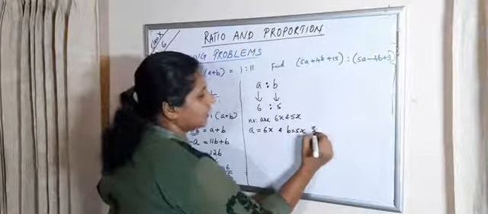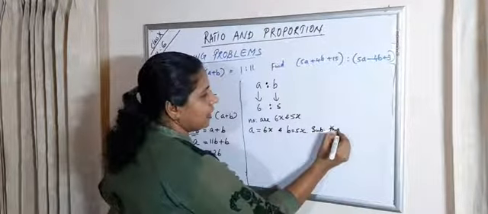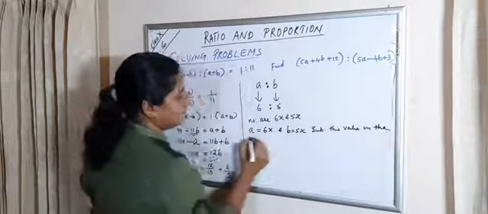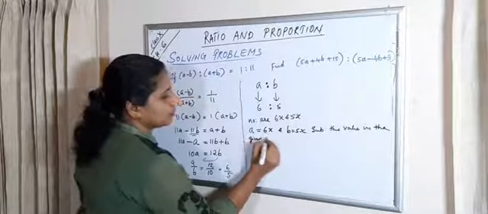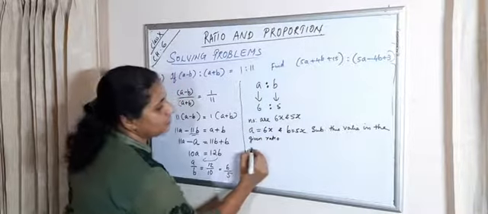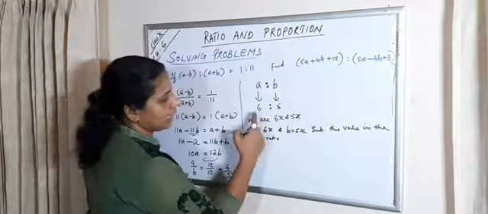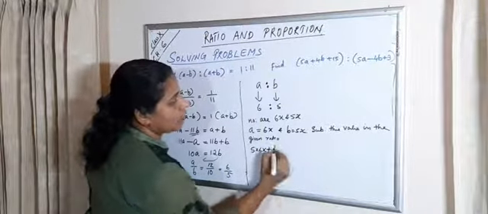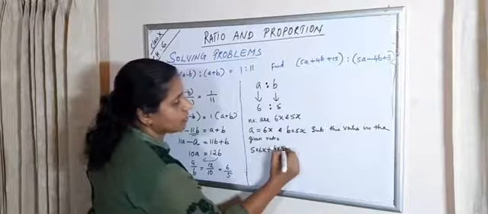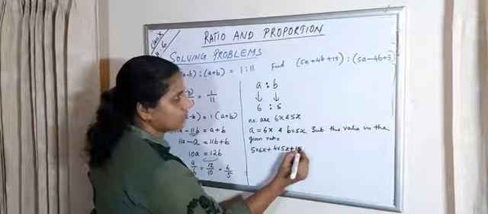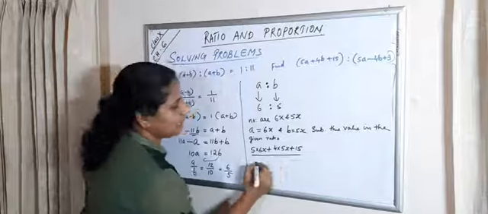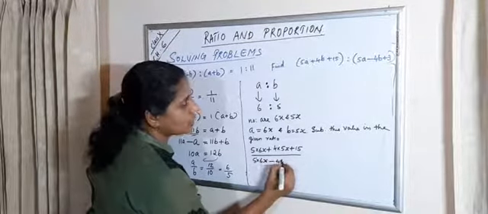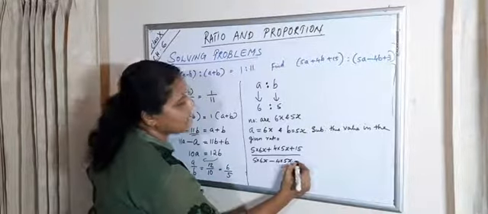Substitute this value in the given ratio. That is 5a. What is a? A is 6x. 5 into 6x plus 4 into 5x plus 15 divided by 5 into 6x minus 4 into 5x plus 3.